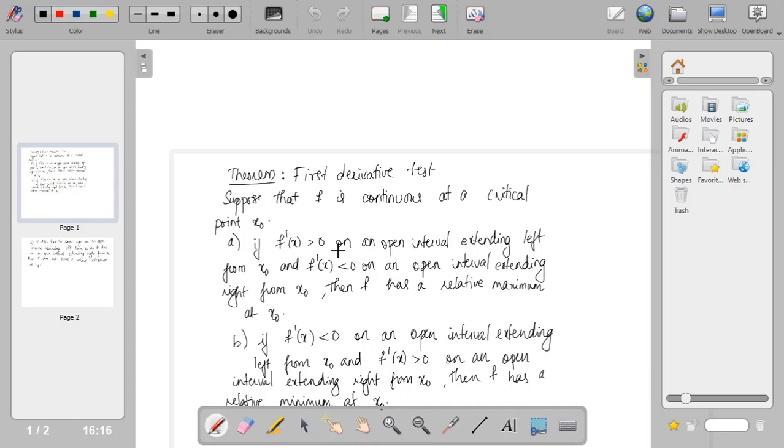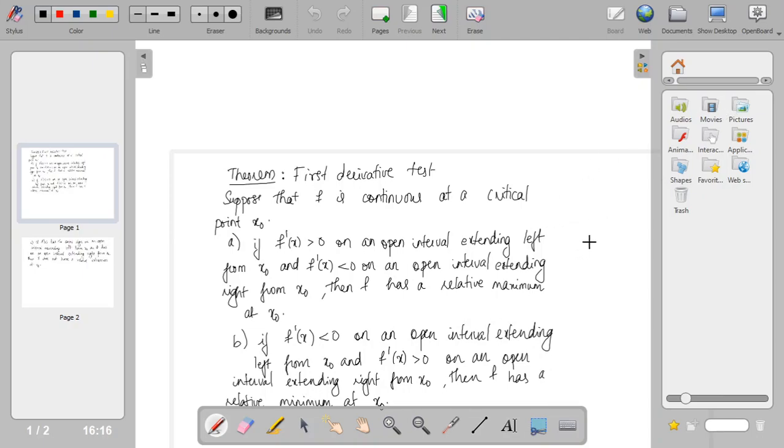So if f dash of x is greater than 0 on an open interval extending left from x naught, and f dash of x is less than 0 on an open interval extending right from x naught, then f has a relative maximum at x naught.